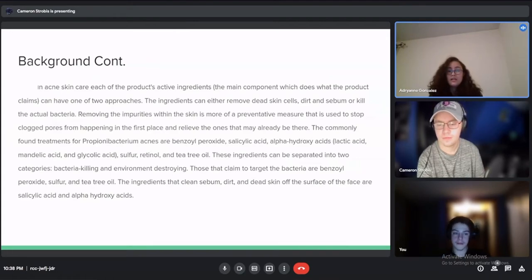And others actually aim to destroy the bacteria. Those that claim to kill the bacteria are the benzoyl peroxide, sulfur, and tea tree oil. The ingredients that clean the sebum, dirt, and dead skin are the salicylic acids, alpha hydroxy acids, like lactic acid.